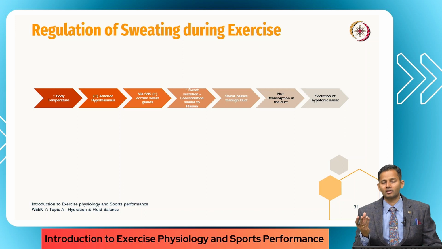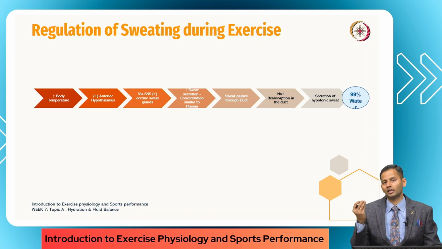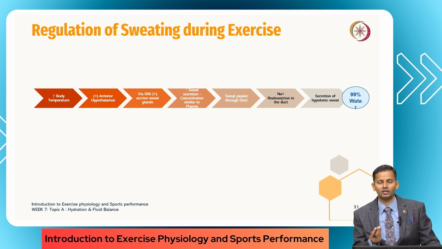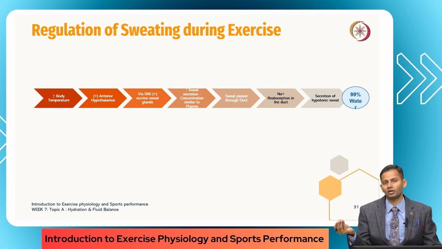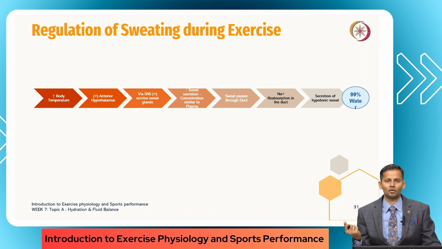The secretion per se is 95% or 99% water, with a small amount of solute. So at the final stage, when the sweat passes out of the skin, it is predominantly water, and the salt, that is the electrolyte, is reabsorbed.